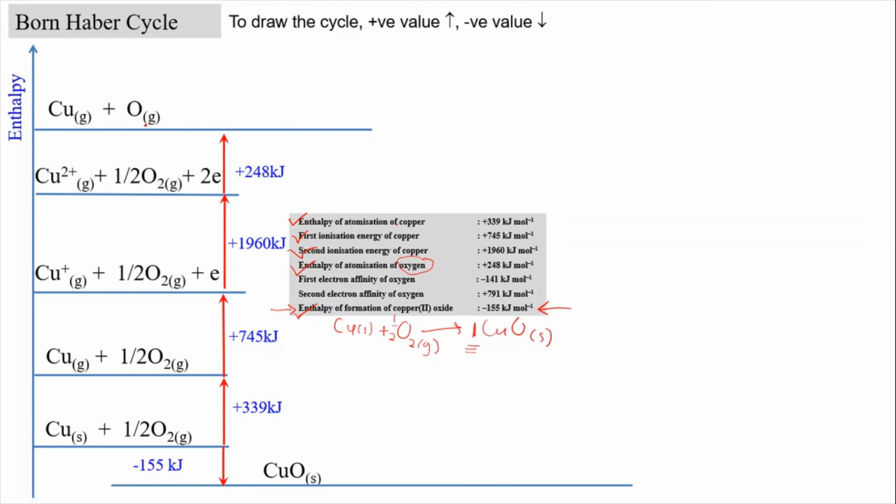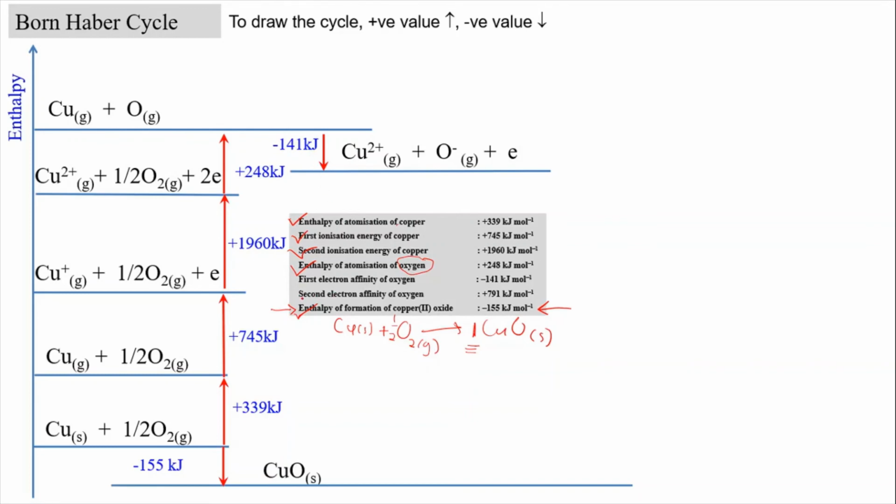the oxygen will receive 1 electron, which is the first electron affinity. So from neutral state, it will become a negative oxygen ion. Okay, so it will drop to 141. All right, O becomes O minus ion because it received 1 electron here, so it will become negative 141 kilojoule.